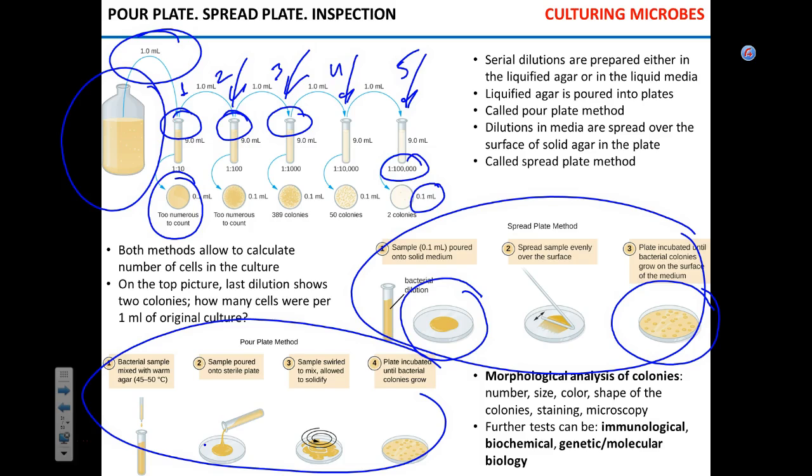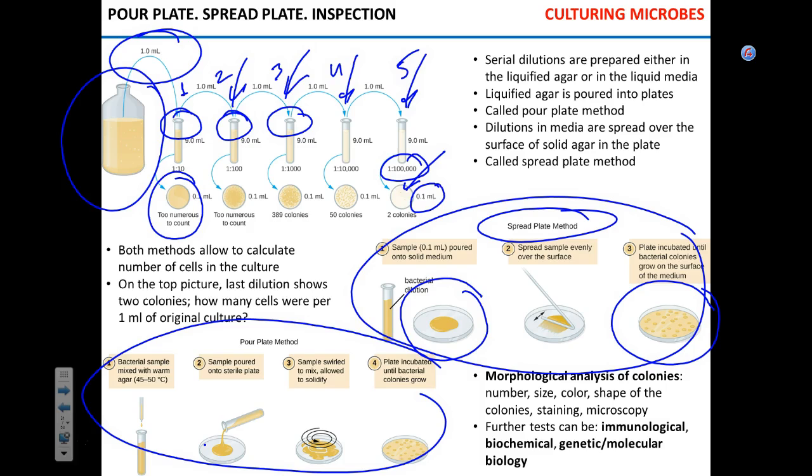Does that make sense? That spreading is called, surprise, surprise, spread plate. Now, I can barely see this, but trust me, there are 2 colonies on this picture.